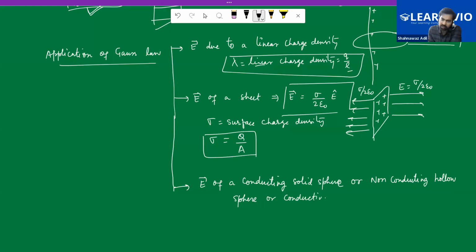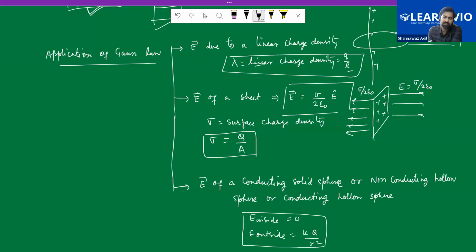So for all these three cases, the electric field E inside is 0, E outside is KQ by R. So for all these three cases, we have the same, right.